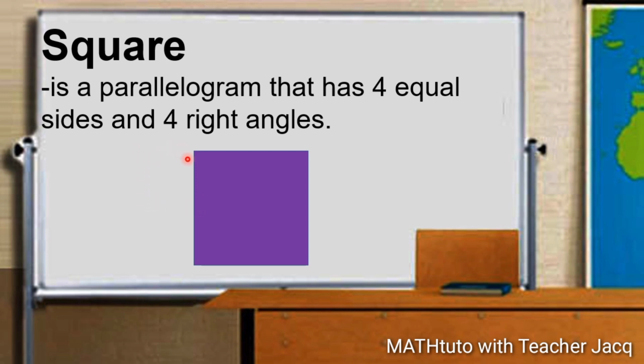And when it comes to angles, the square has 4 angles, which is this one, another one, and the last one. So, yung 4 angles ng square, each measures 90 degrees, which is equivalent to a right angle.